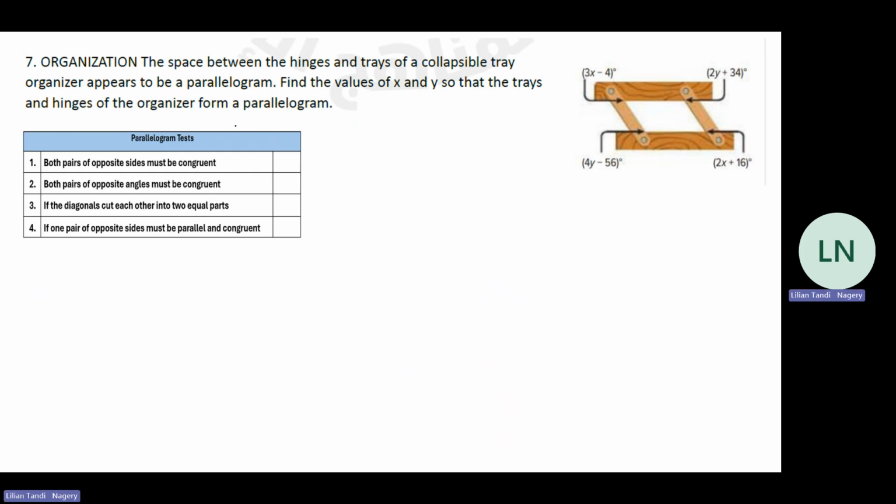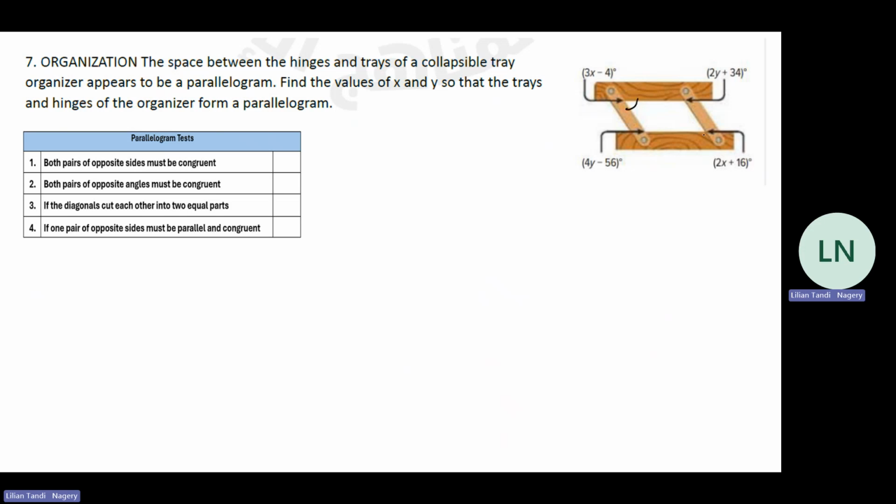The space between the hinges of the trays of a collapsible tray organizer appears to be a parallelogram. Find the values of x so that the trays and hinges of the organizer form a parallelogram. For a parallelogram, opposite angles must be congruent.